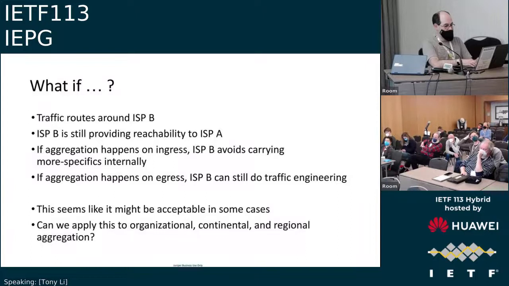If it does it on ingress, it gets rid of some traffic, it gets rid of some routes that it's going to carry. If ISP B does the aggregation on egress, they still get the traffic engineering benefits, but have a few more routes to carry. So could we do this to higher levels of aggregation?